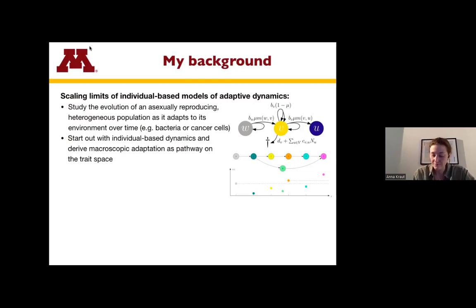And for this, you obtain a fitness, indirectly through these competitive interactions, which then defines your path on the trait space.